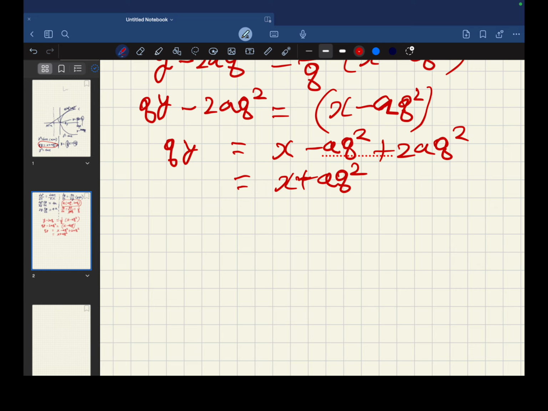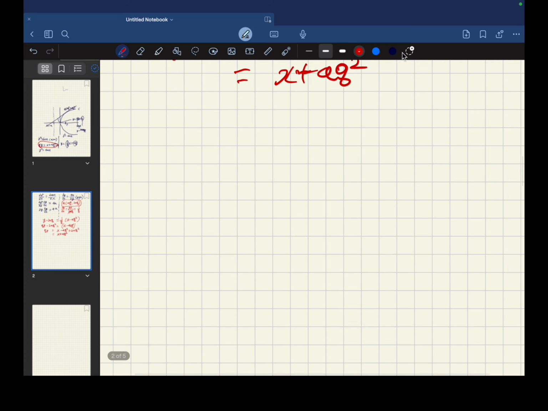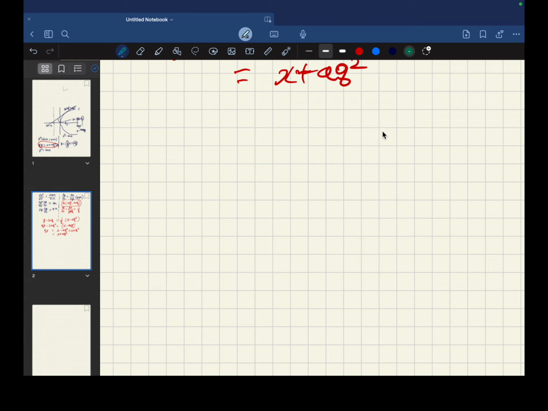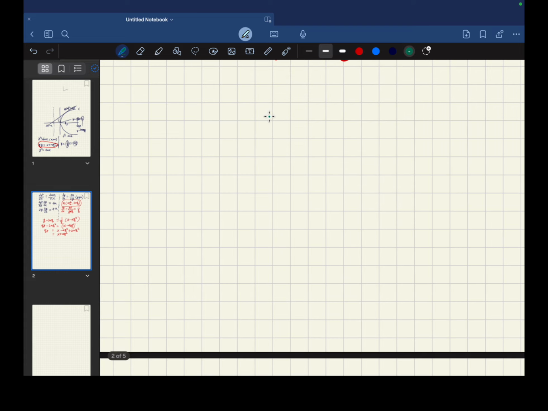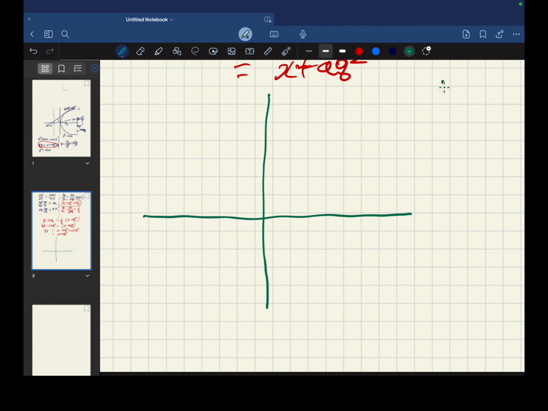So let's draw this before we calculate it. The parabola was y squared equals 4ax.